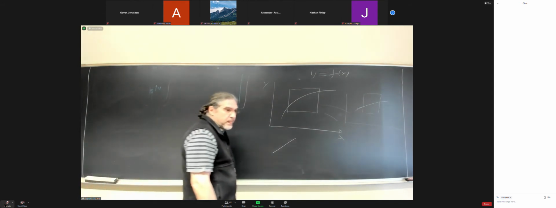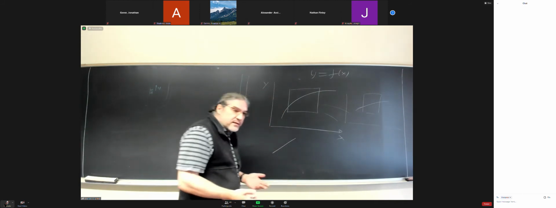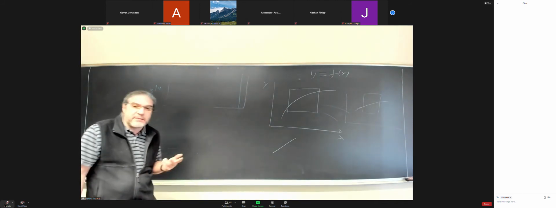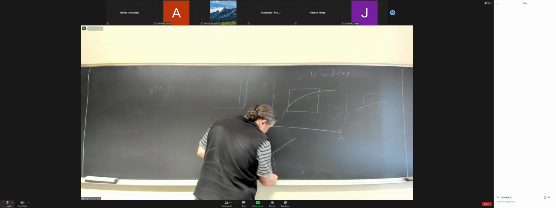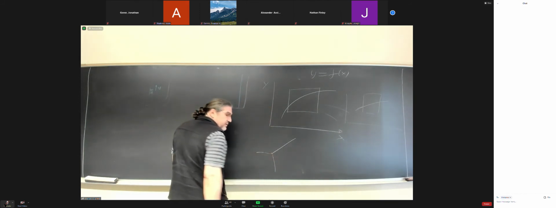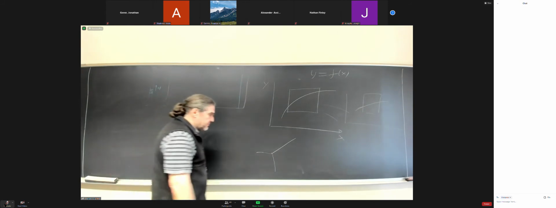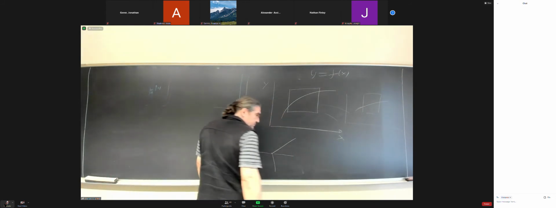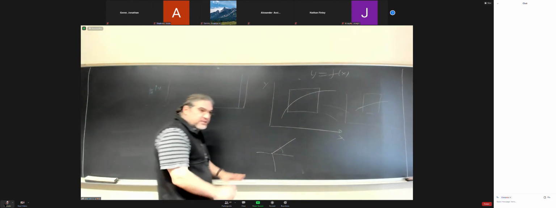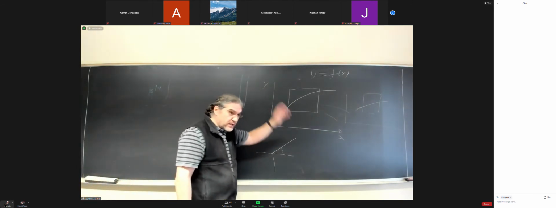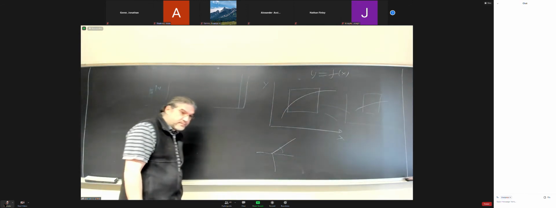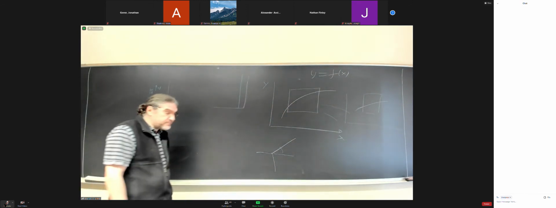Okay? But every straight line is described by just two parameters. It's the position of the initial point, this position, right? And the slope. That's enough. If you know the position of the initial point and the slope, you can continue that line easily, right? So there are only two parameters.